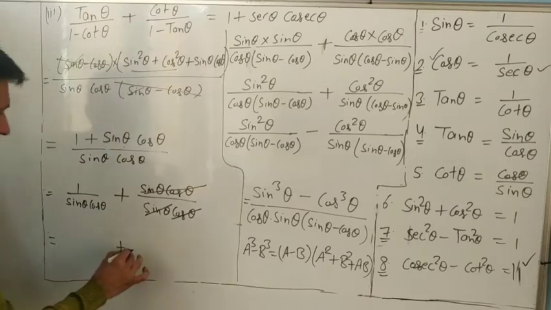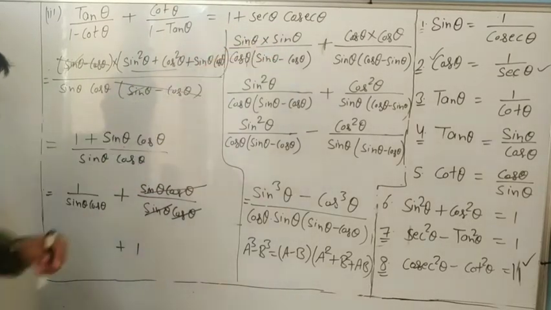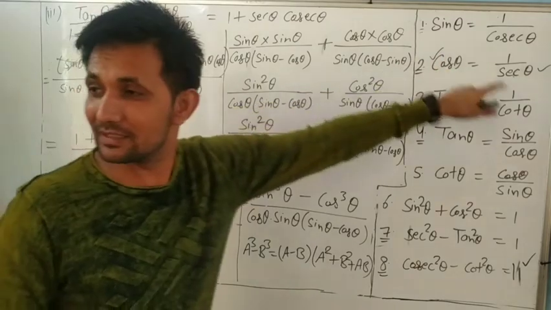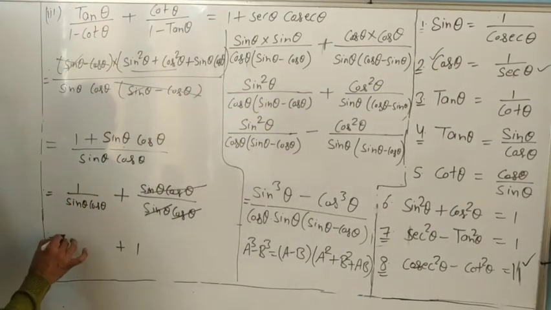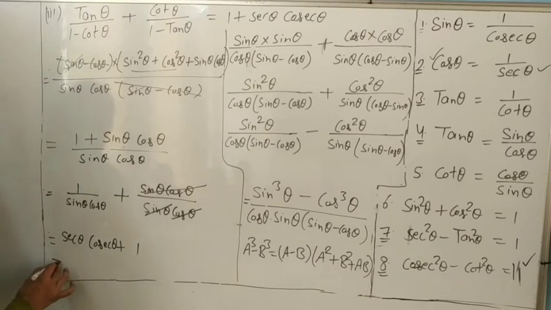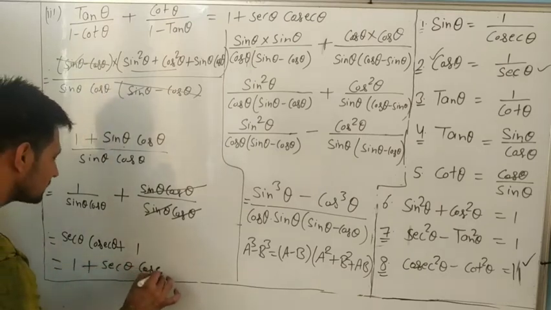What is it? It is 1 plus 1. Now we need sec theta. Look at 1 by cos. How much? 1 by cos. Cos is the opposite of sec. 1 by cos is sec theta and 1 by sin is cosec theta. Yes, cosec theta. Otherwise you can write 1 plus sec theta cosec theta.